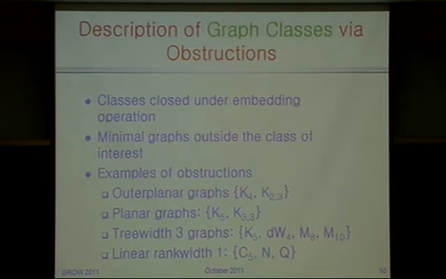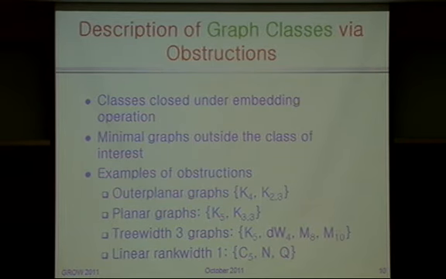And again, we know obstructions in the minor sense for outerplanar graphs and planar graphs, which are also topological minor obstructions, the famous Kuratowski theorem, and the tree width graphs, so 1, 2, 3.